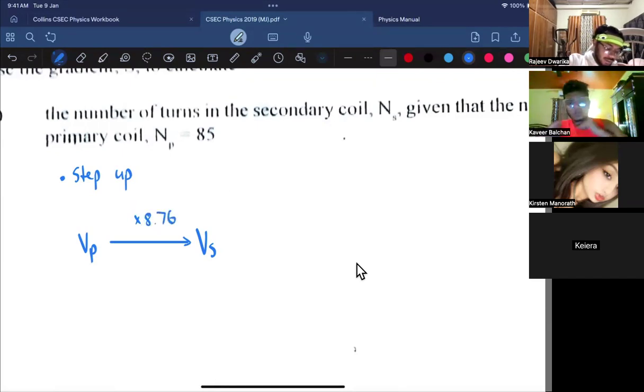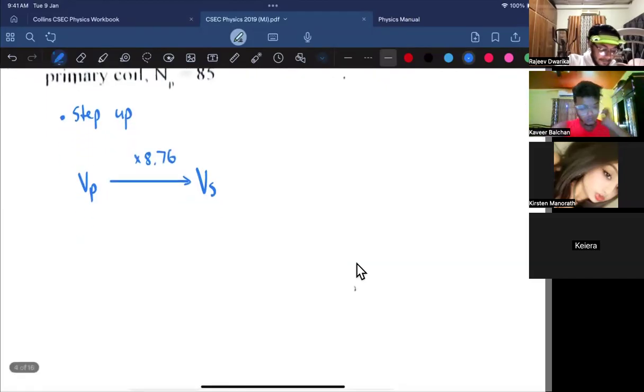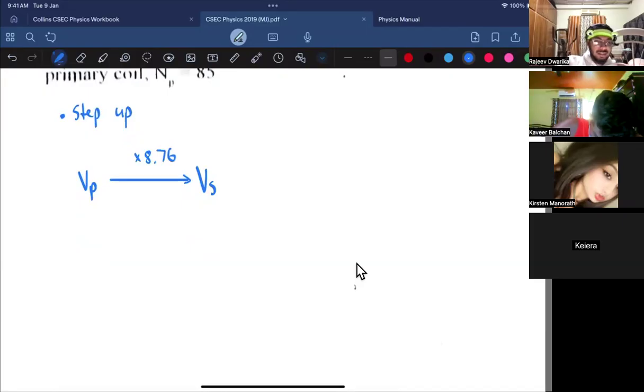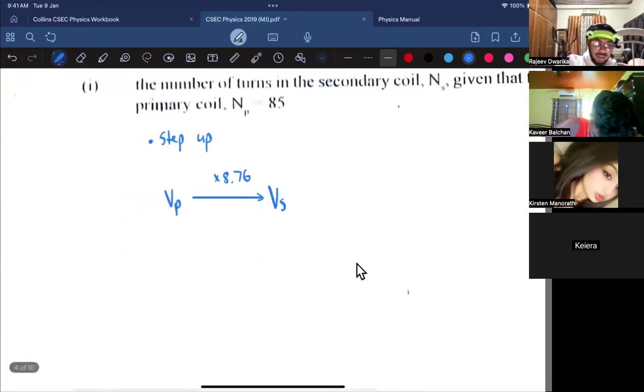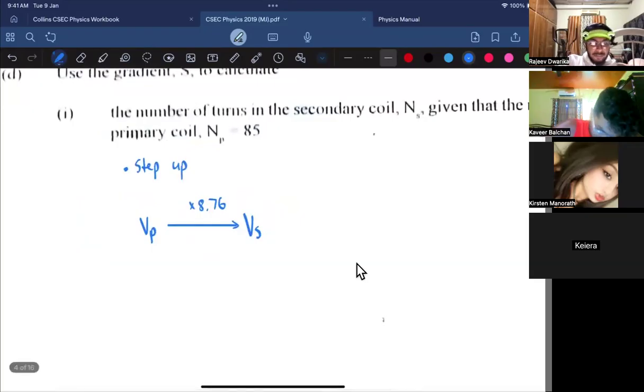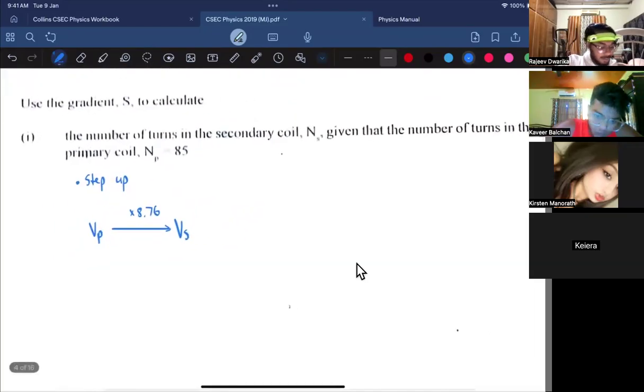Right. So in this question, the voltage in the secondary is 8.76 times the voltage in the primary. So I'll show you a simple method here. This is a common sense method.